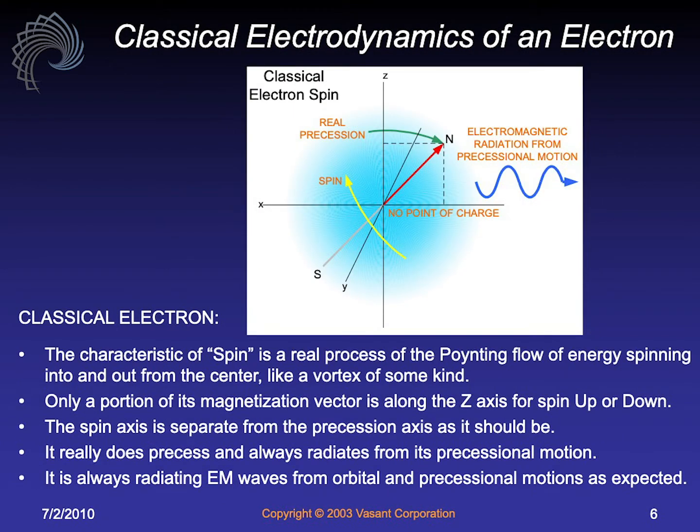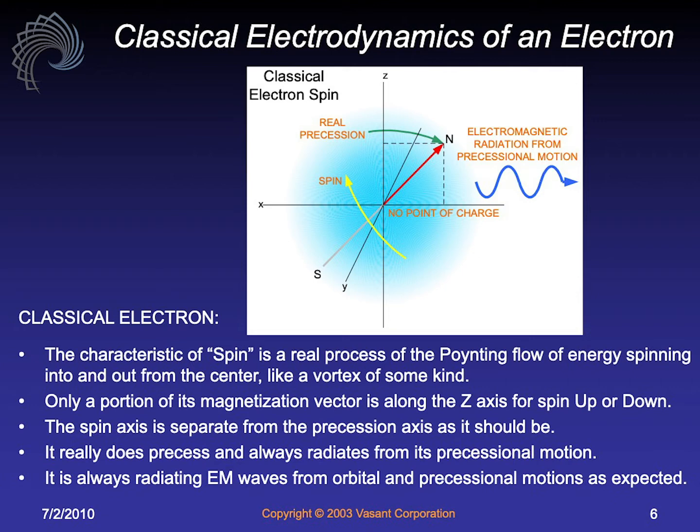In classical electrodynamics, the classical view of an electron, the spin axis is not just up or down. In quantum physics, they say that's true, but in fact it's the precession angle that they call precession axis that they call the spin axis, when in fact the spin axis is at an angle and off to the side and continuously precessing about a precession axis.